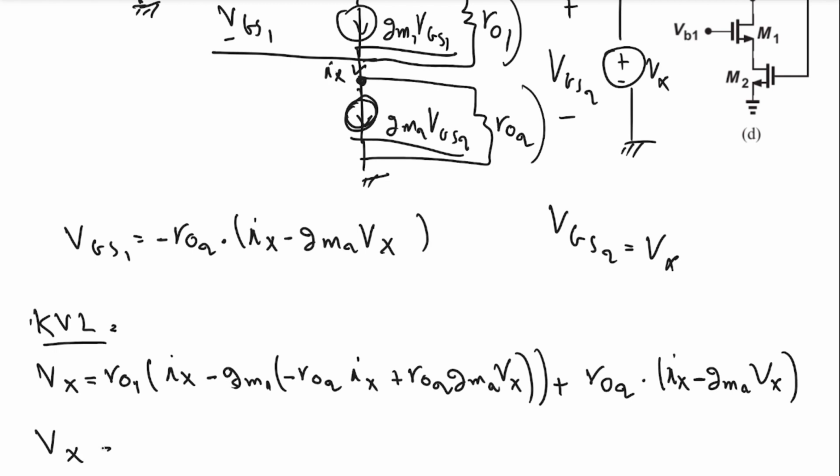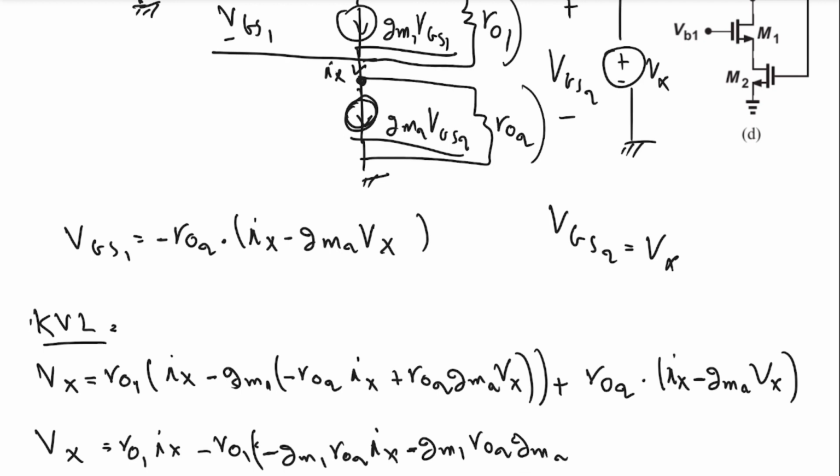Distributing, Vx is ro1 Ix plus ro1 gm1 ro2 Ix minus ro1 gm1 ro2 gm2 Vx, plus ro2 Ix minus ro2 gm2 Vx.